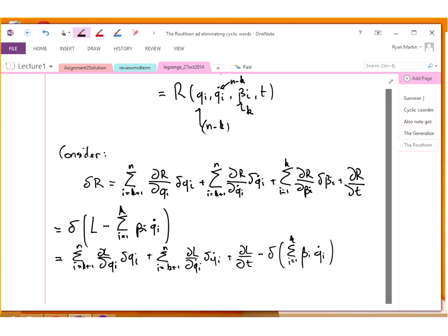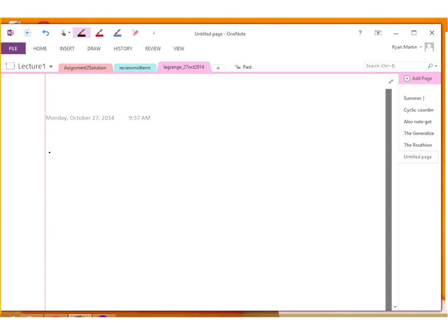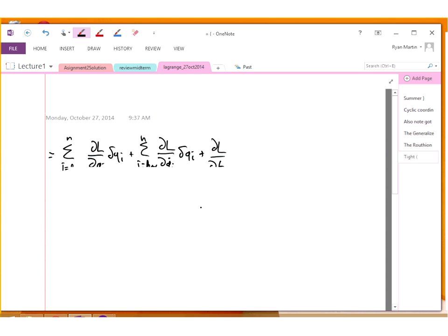I'm going to write that on the next page here. So rewriting the first part, which is just the variation of the L's. That's the sum of i equals k plus 1 to n of ∂L/∂qi δqi, plus the sum i equals k plus 1 to n of ∂L/∂qi dot δqi dot, plus ∂L/∂t, and then minus the sum i equals 1 to k.